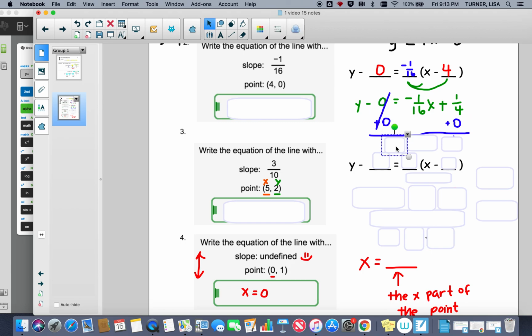All right, and so my final answer is y equals negative 1/16 plus 1/4. That's not always a 0, so I wanted to show that work because this is our notes. And what we'll type in is the slope-intercept form, which is y equals negative 1/16 x plus 1/4. We're looking for an equation answer. All right.